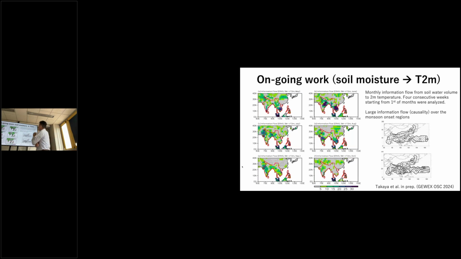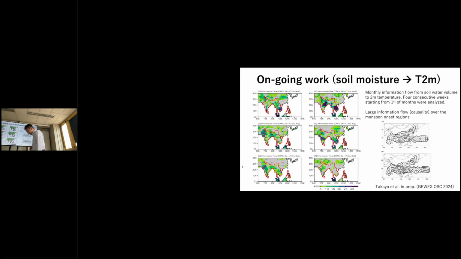I'm showing the information flow for the Asian monsoon region, summer monsoon season, May, June, July, August, September, October. And I'm surprised to see that we really see strong seasonality in the monsoon regions.